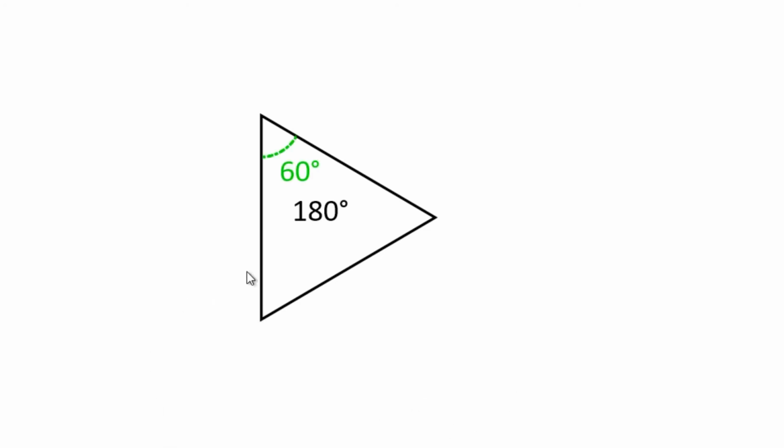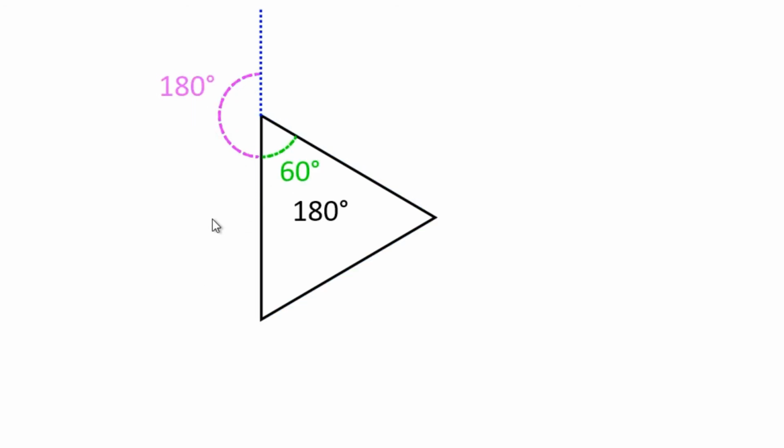Next, we're going to take this side of the triangle and we're just going to extend this line. Once we have the line there, we can see the angle there on the outside of the triangle. So this angle is 180 degrees. So now we need to find what this angle is, which is the 180 and the 60.